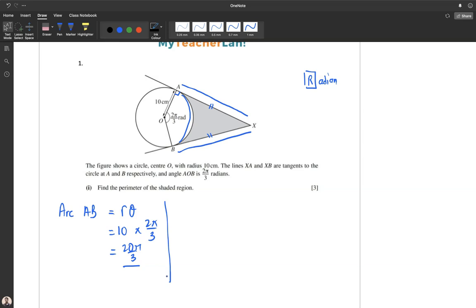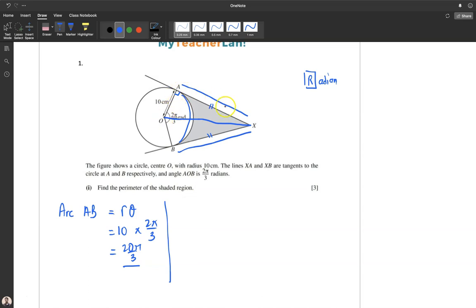Now, what else am I missing? I'm missing AX. If you just look at it, it might not be easy to find out, but if I divide this shape into 2, I end up with a very nice right angle triangle.